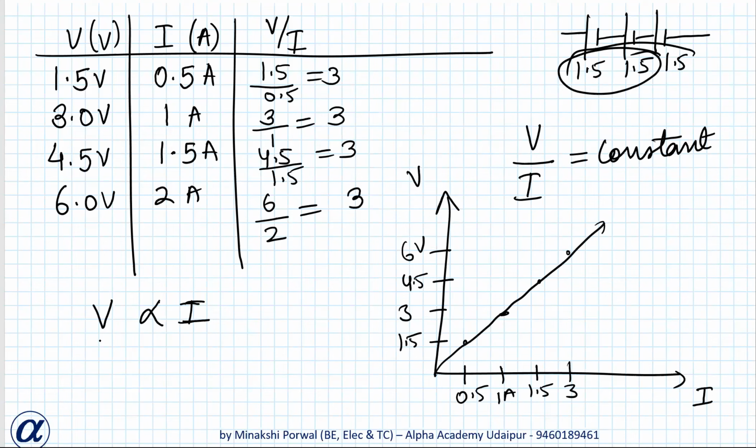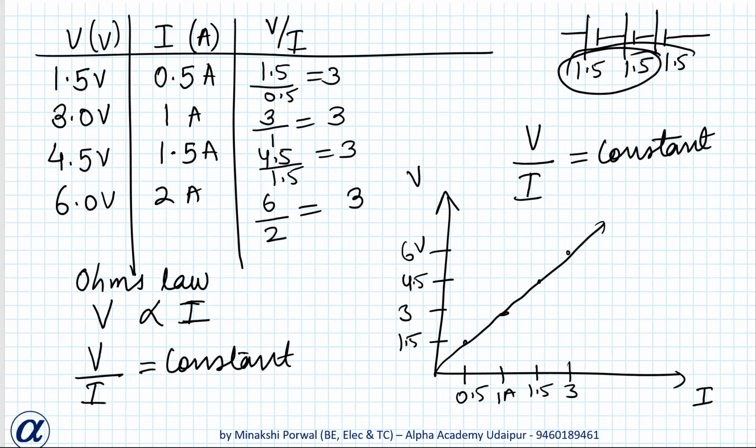Potential difference across the ends of a conductor is directly proportional to current provided temperature remains same. This is Ohm's law. So I can write V upon I is a constant, and this constant is termed as resistance. V upon I is R.